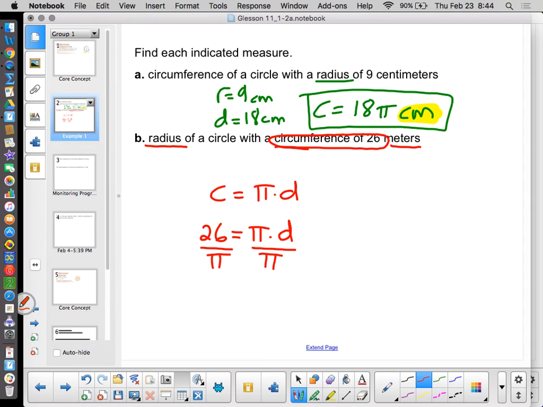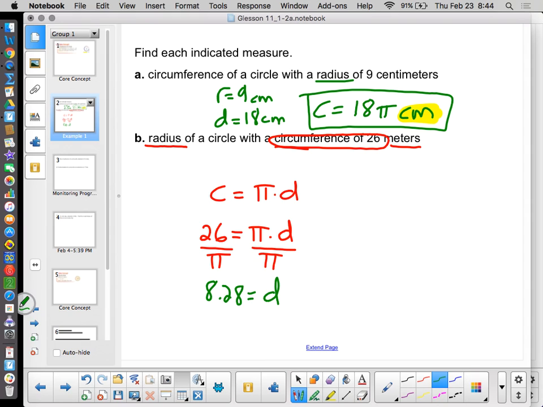Now dividing by an irrational number, if this was 26 pi divided by pi, that would be easy. The pi's would cancel out. But since it's just a whole number, this is a situation where it makes sense to probably approximate pi. So 26 divided by 3.14, because we don't like dividing by irrational numbers.